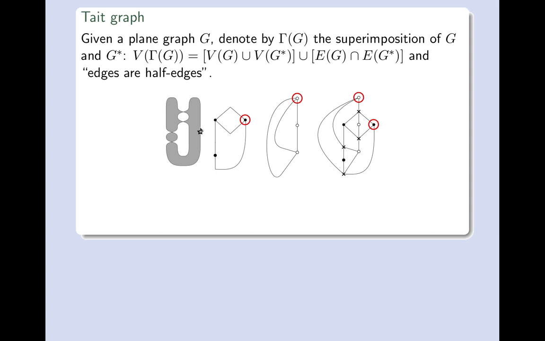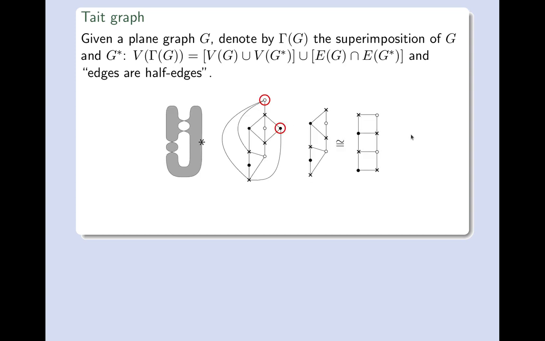Here you see we have again the same forbidden arc, which uniquely determines this region and the external one as forbidden, and these are the vertices circled in red in the figure. What we can also do is remove these forbidden regions and obtain what is called the reduced Tait graph, which is shown here on the right.